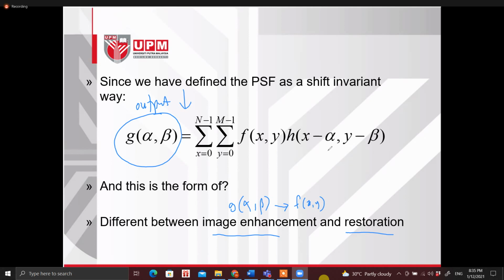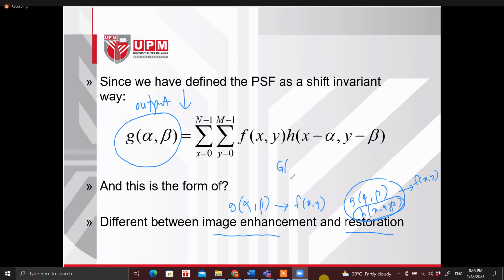Another category of improving the quality of the image is by improving the output image using the approximate value of H. You have the output image and then you try to determine what the point spread function is, and then you use both pieces of information to get to the input image. So how can you do that?